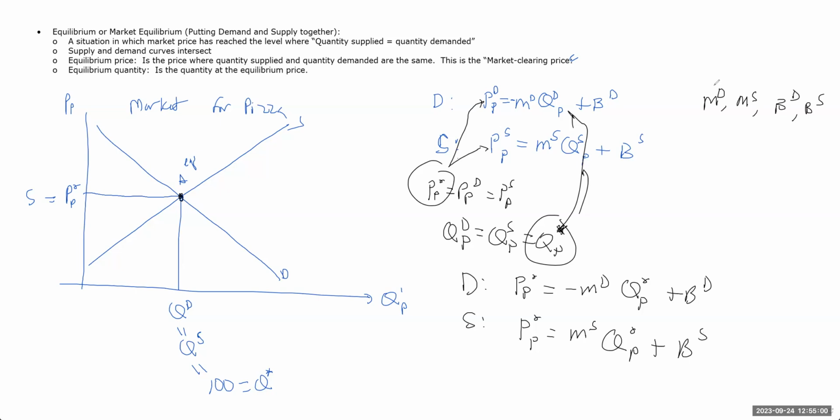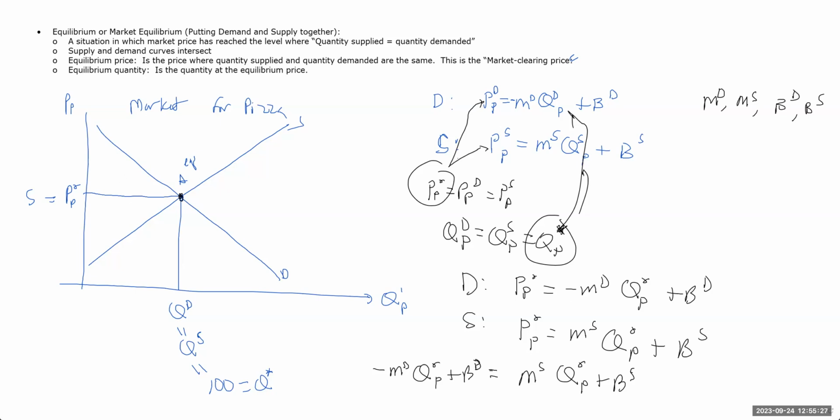So what we can do is set them equal to each other. Then we have negative M_D Q star plus B_D is equal to M_S Q star plus B_S. And we're going to solve for Q star.